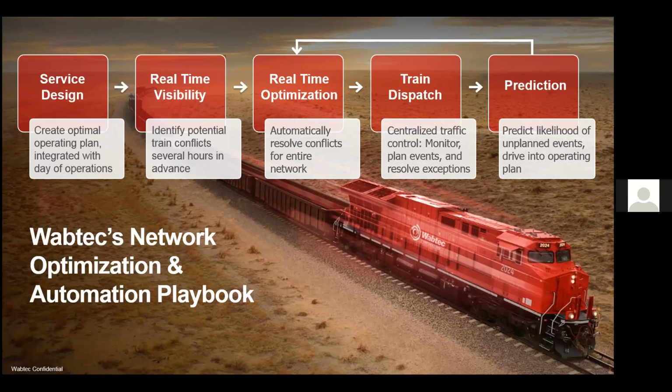Real-time optimization. So this is different from service design, which may have a longer time horizon. Exceptions always occur on a day-to-day, minute-to-minute cycle. And so it's very important to be able to resolve the conflicts and reset your plan so it's trying to adhere to that operating plan that came out of service design, right? And then you have to take that plan and actually execute it.